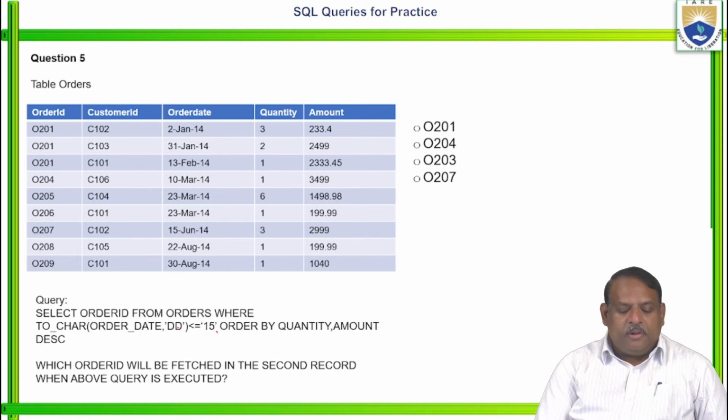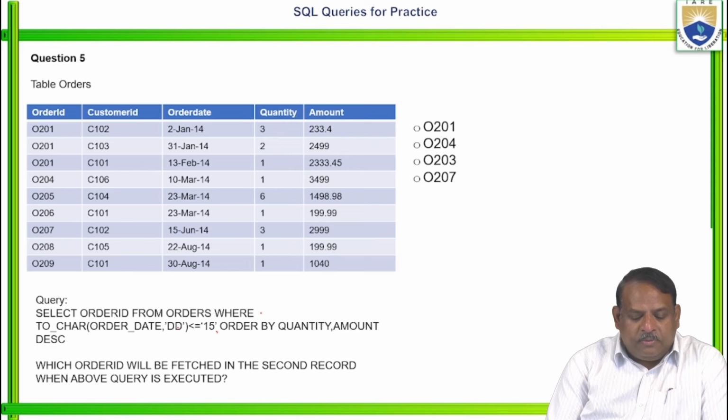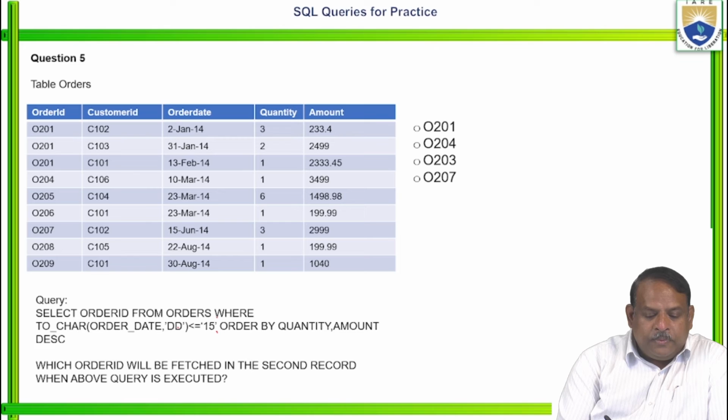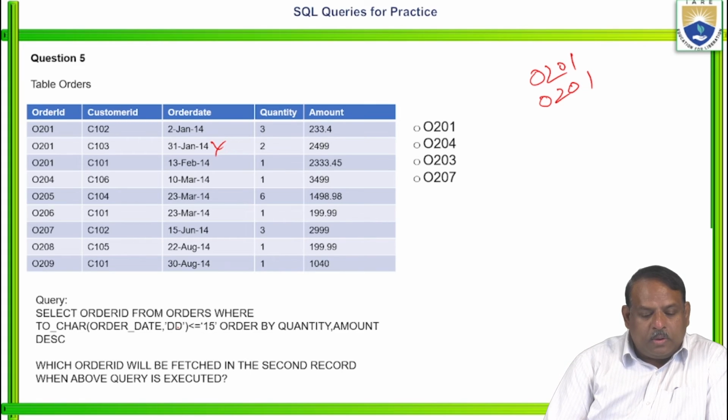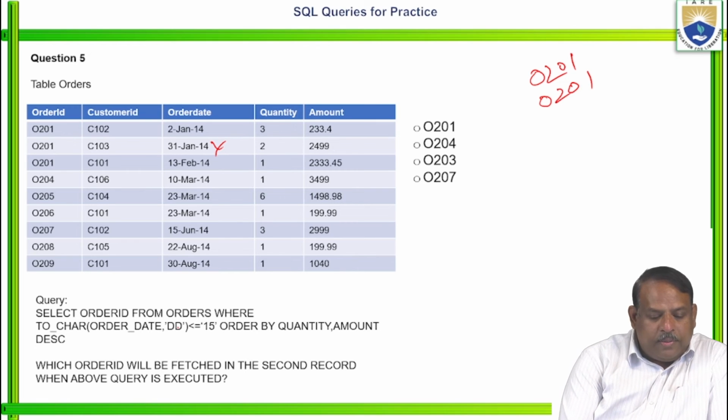Now we'll try to solve this problem. First we have to identify those records where the date is less than 15. 201 is the first record. 31st January is gone. Next, one more order. I think there is something wrong here. I think this is 2 here and this is 3 here.